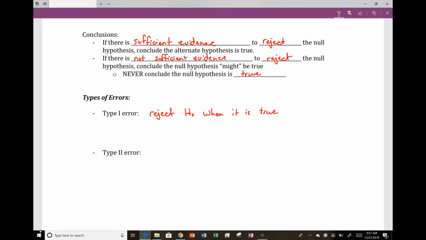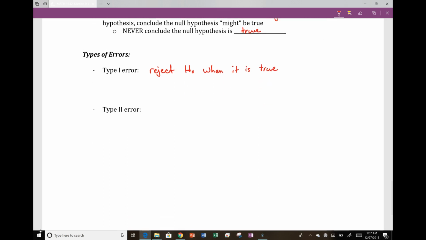And I'm going to show you a little diagram and put this also in court of law terms for us, so don't panic at this moment. A type 2 error is when we do not reject the null hypothesis when it is false.